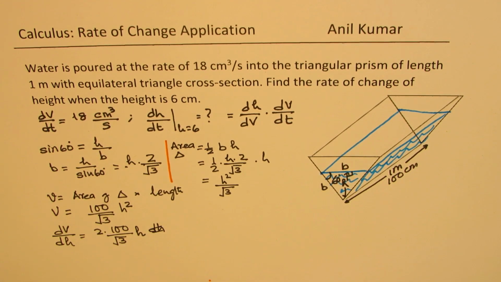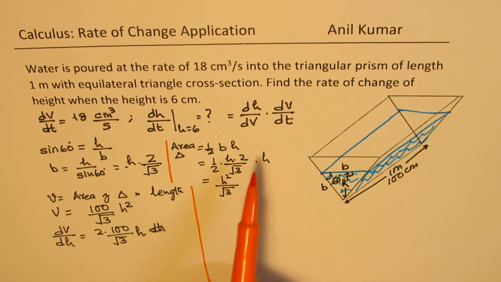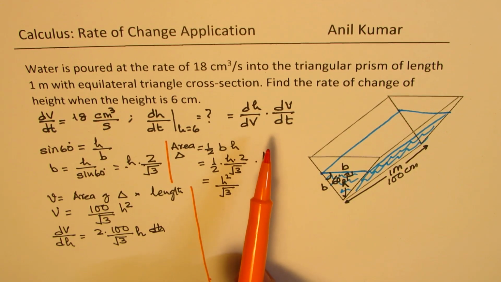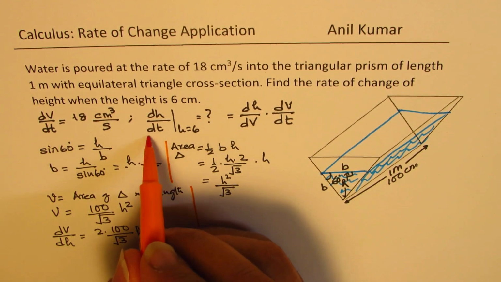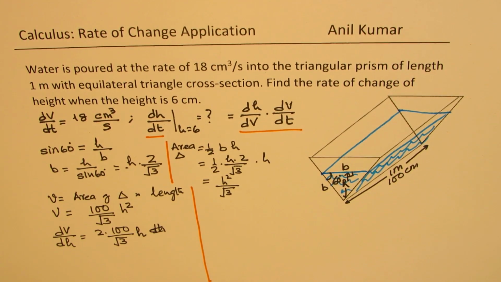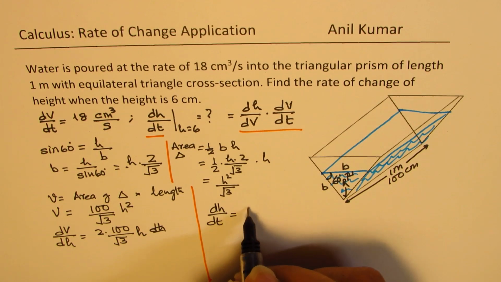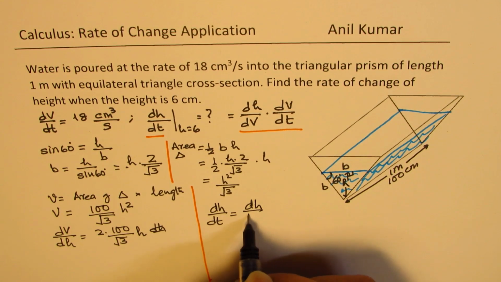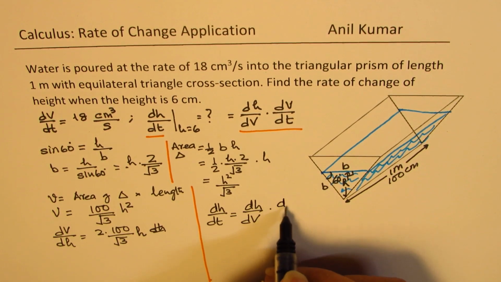Now, since we have dV/dH, we can always find the rate of change of height with volume, right? So with time, we can now use this formula, correct? Okay, so let's do that. So we can now write down that dH/dt is basically dH/dV, that means the reciprocal of this, times dV/dt.